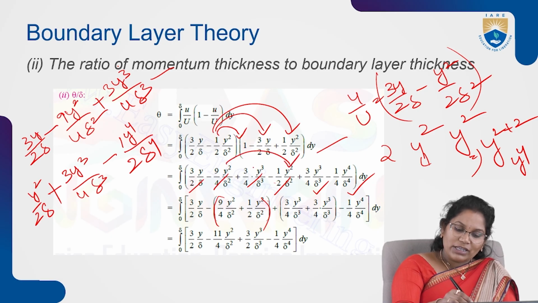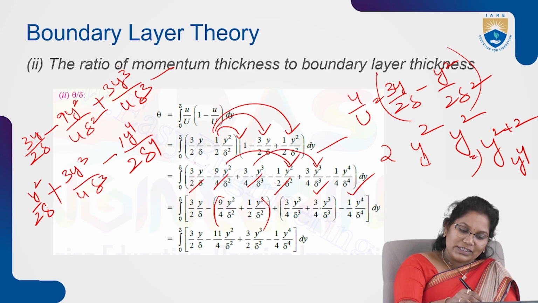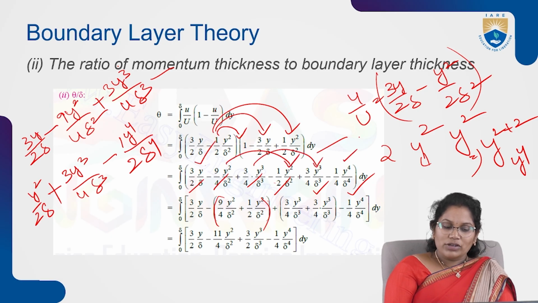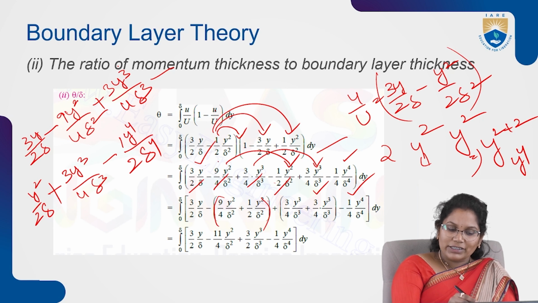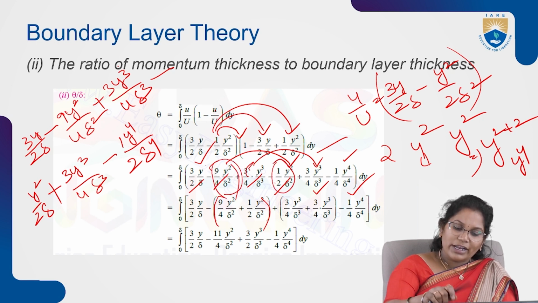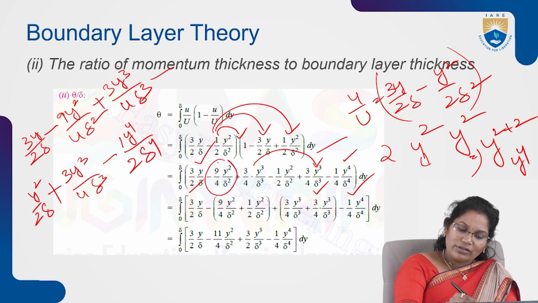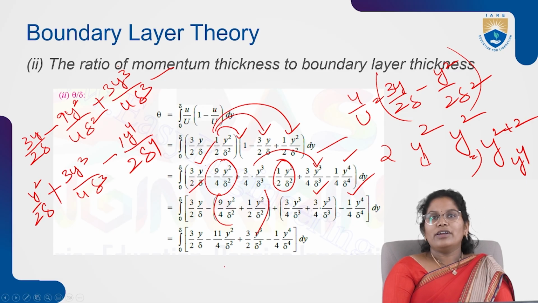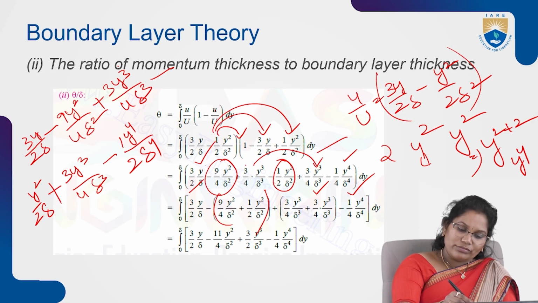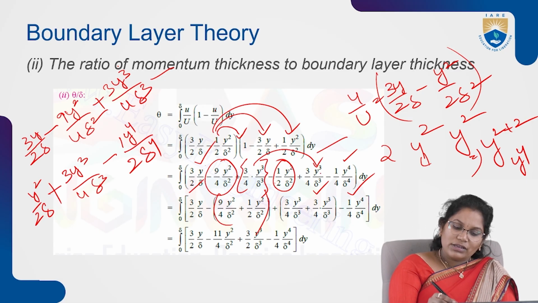These two are the same, these two are the same. This is another one, this is another one. So these two are the same, this value and this value. This y square I am writing here, and this also, this and this.